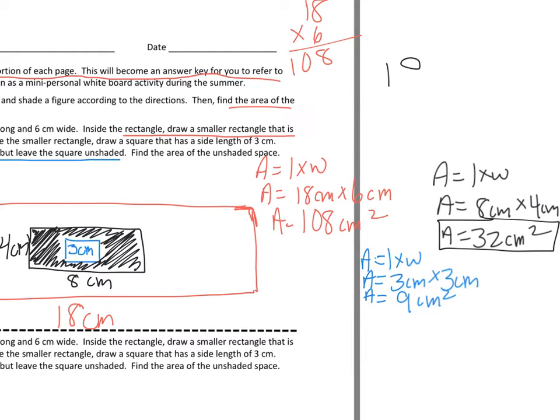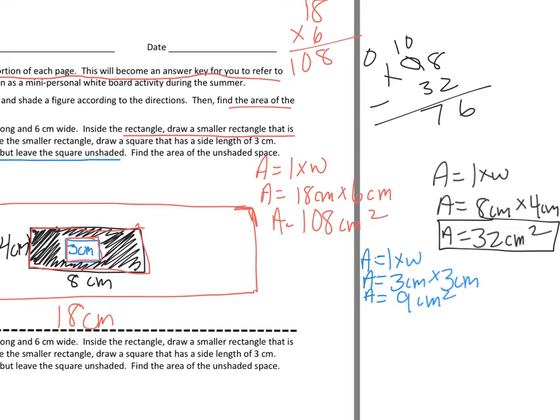So I have 108 minus 32. And I'll get 76. Now, that's the red without this whole rectangle. But I know that there's still a little piece in there that's unshaded. So what I'm going to do is add that back in to my amount.